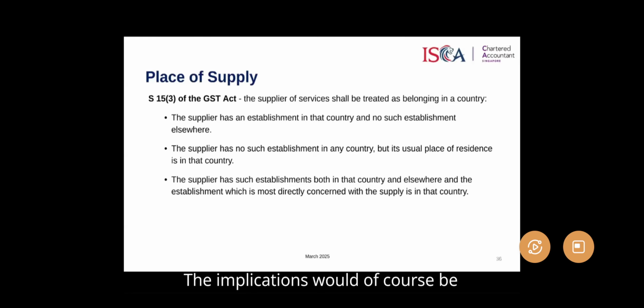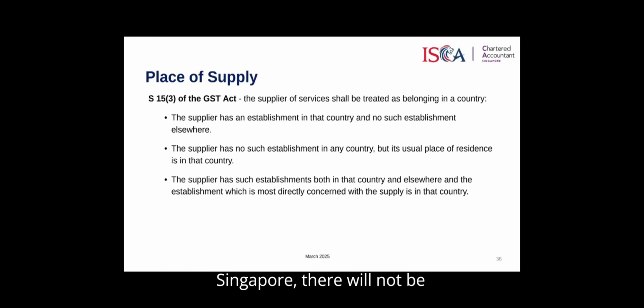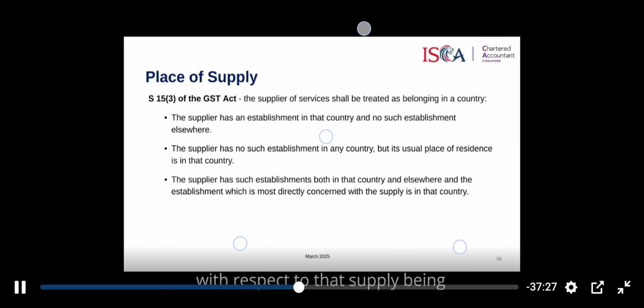The implications would of course be clear. If the supplier of the service does not belong to Singapore, there will not be any Singapore GST obligations with respect to that supply being made to you.